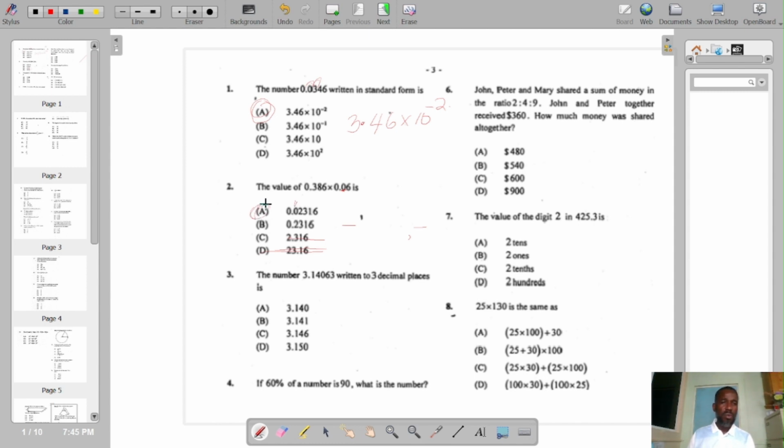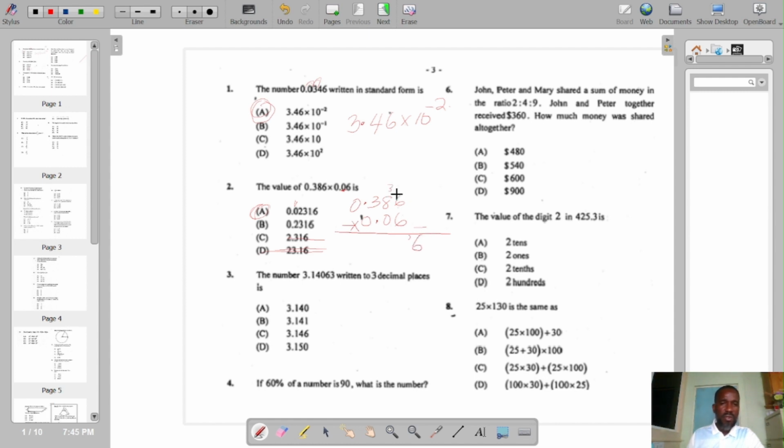But let's go ahead and multiply it out so that we can verify whether or not this is correct. So we have 0.386 multiplied by 0.06. So 6 times 6 will give us 36.